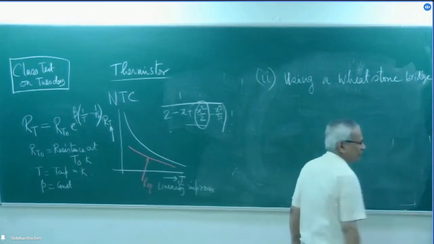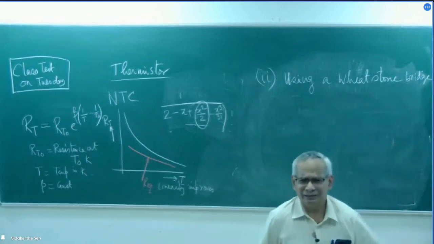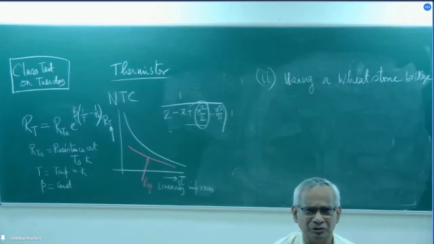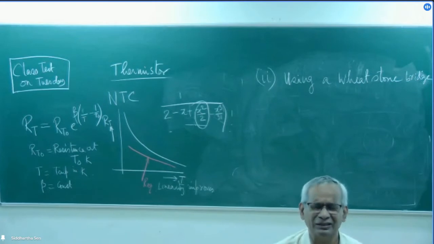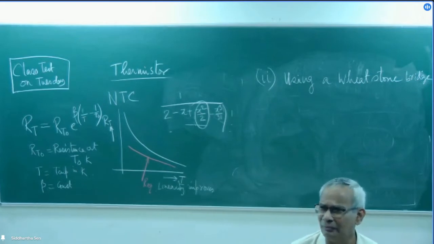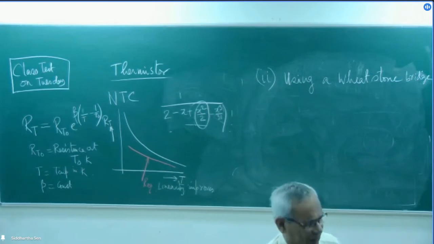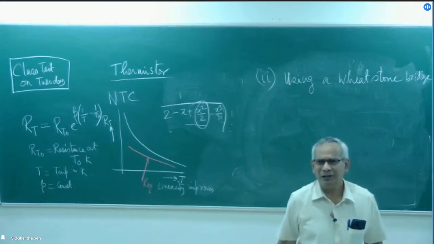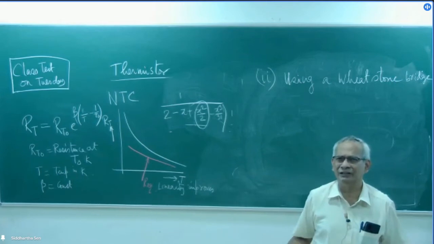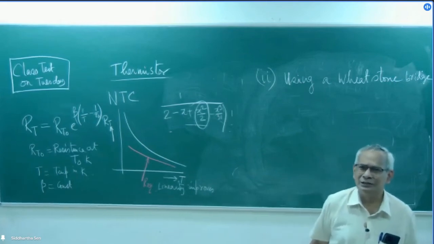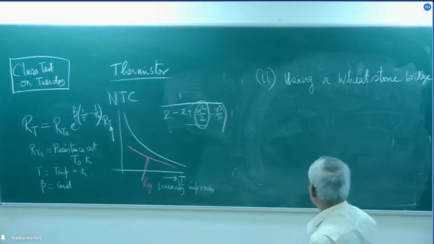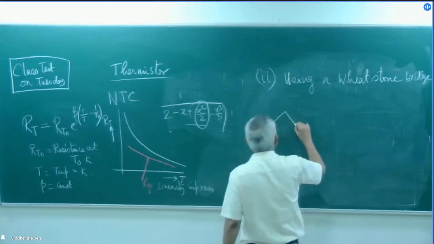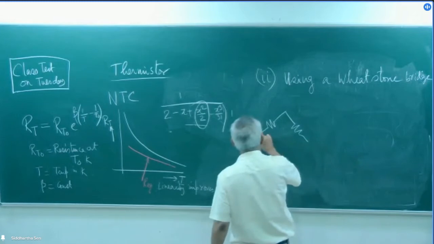What does it mean? I mean, use the thermistor in a Wheatstone bridge. You may ask, what is the advantage? Okay, we can use a Wheatstone bridge, but how can it reduce the nonlinearity? If I recall, we have done this problem already.